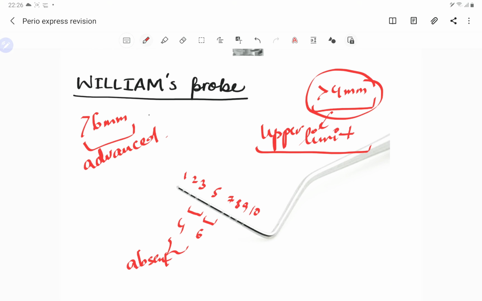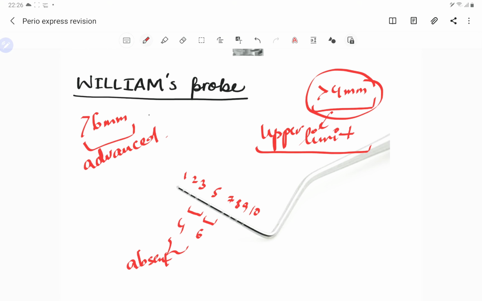There is nothing written in the books for sure, but this is our way to express or think about it. Suppose you insert the periodontal Williams probe into the pocket. Now you know that 4 is missing, so if, say, you cannot see the 5th marking after insertion of the probe into the sulcus, you know that it is deeper.